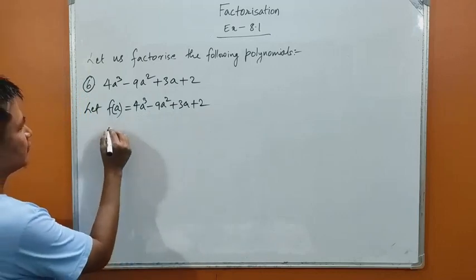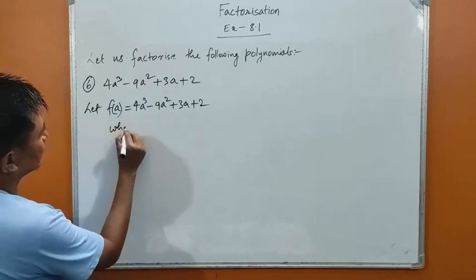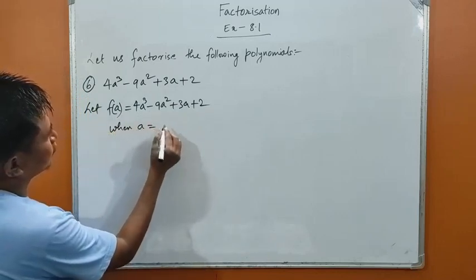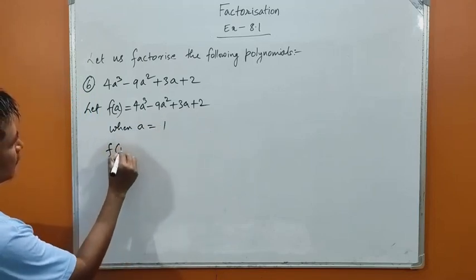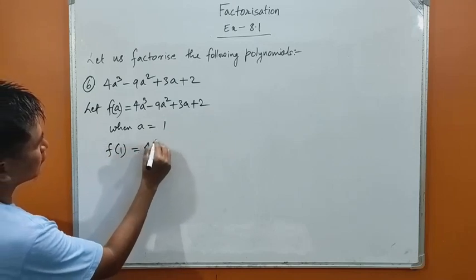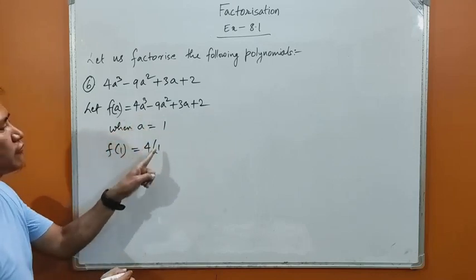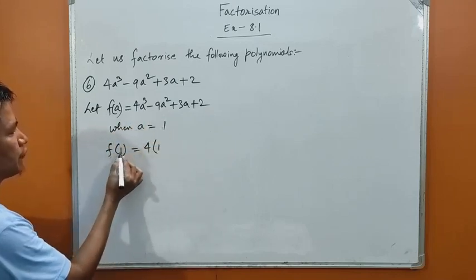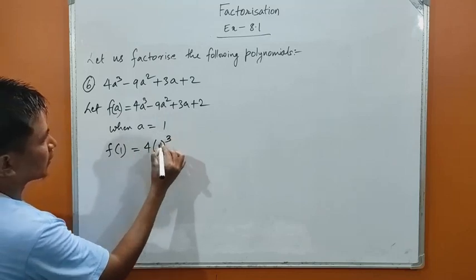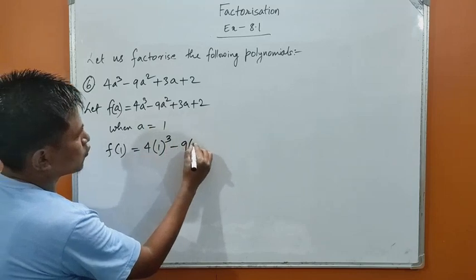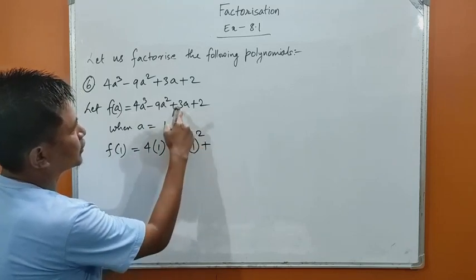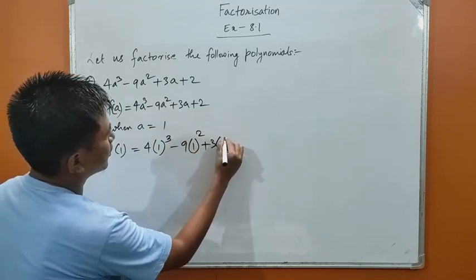Okay, now when a equals 1, f(1) equals 4 into 1 cube. Instead of a I write 1.